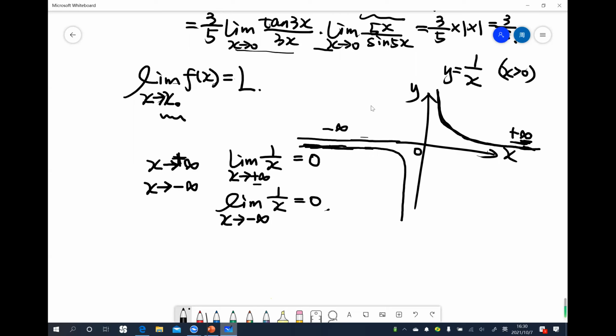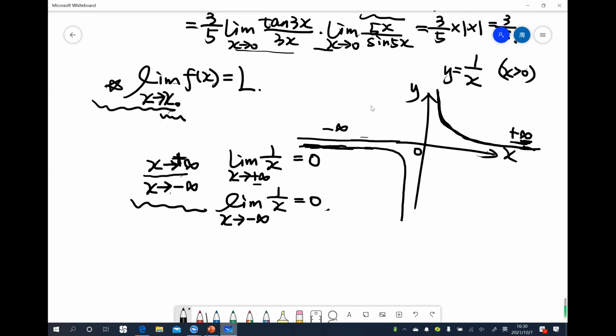So now we can consider the limit of a function as x approaches infinity. That is the next part we will talk about. The limit laws here are very similar to the laws we have talked about previously. So you should know what it means as x approaches infinity.